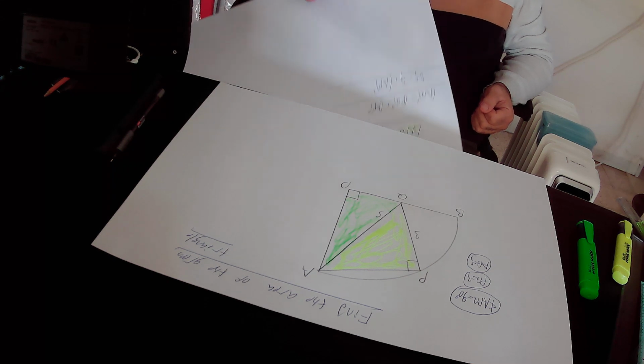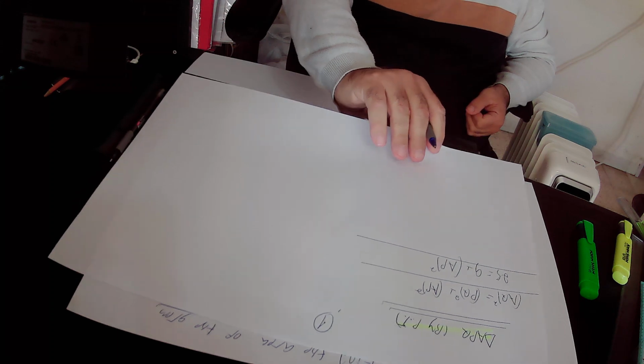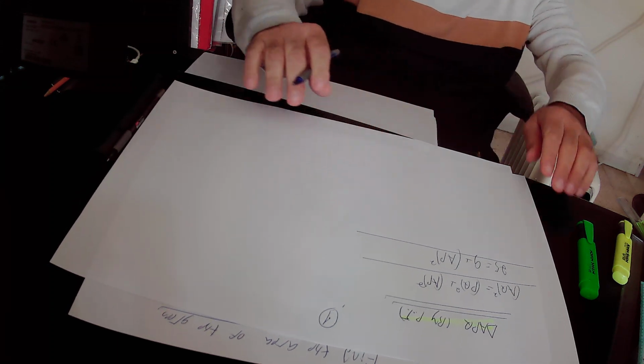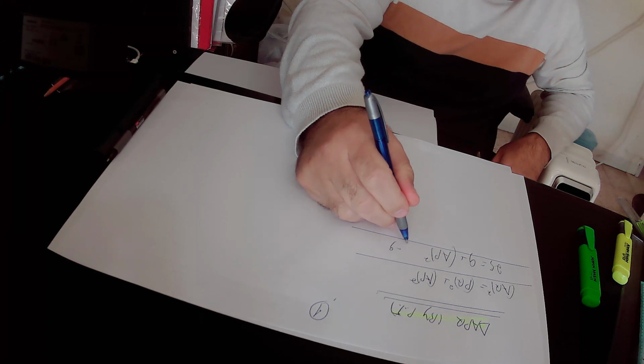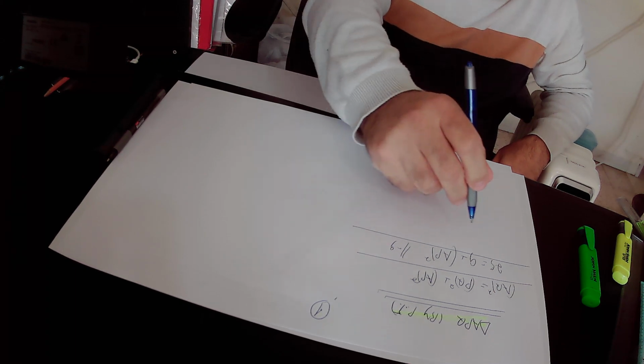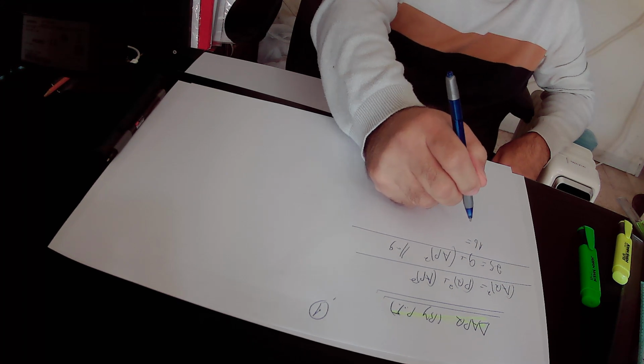Conclusion: 25 equals 9 plus AP square. We subtract 9 from this equation, and we get that 25 minus 9 is 16, that is equal to AP square.